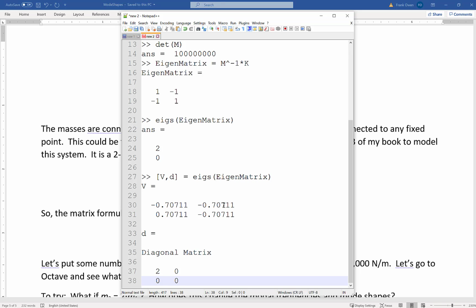What that means is that this is going to, quote unquote, oscillate with this type of eigenvector. Now, since they're the same, this doesn't necessarily mean that the value of the amplitude is 0.70711.